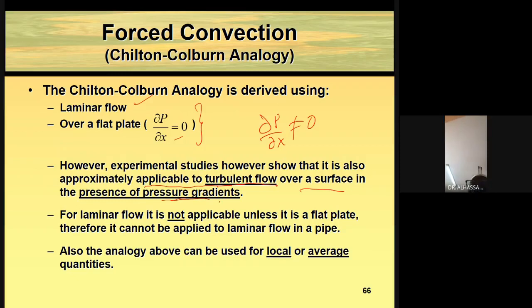For laminar flow, it is not applicable unless it is a flat plate. Therefore it cannot be applied to laminar flow in a pipe. You understand me? Also, the analogy above can be used for local or average quantities.